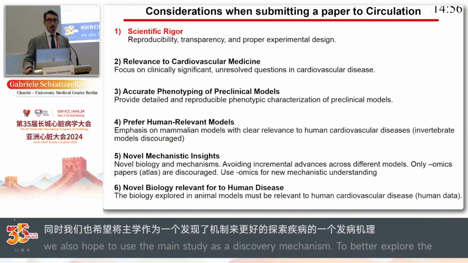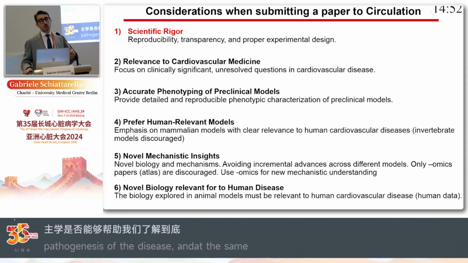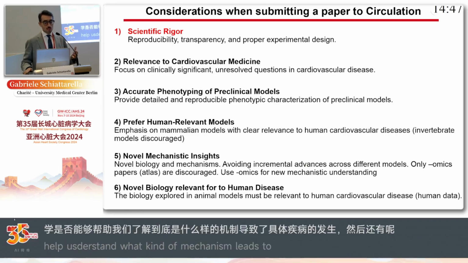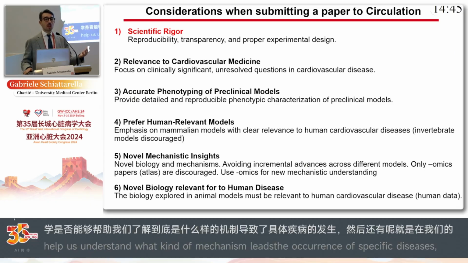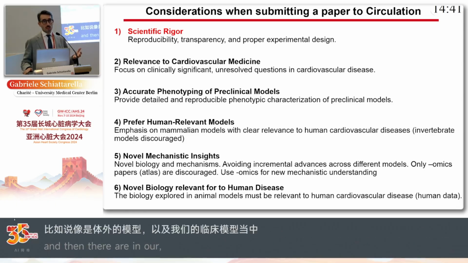And finally, again, one more time, any kind of novel biology that you discover in your preclinical models or in vitro systems needs to have a reality check for the human condition, cardiovascular disease.